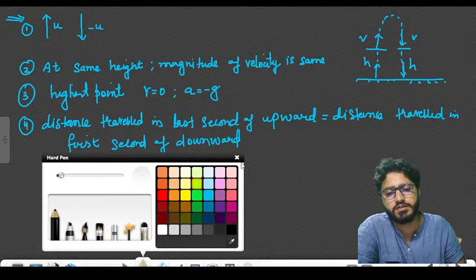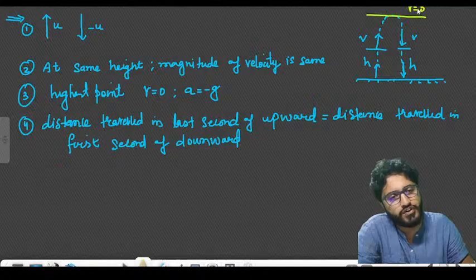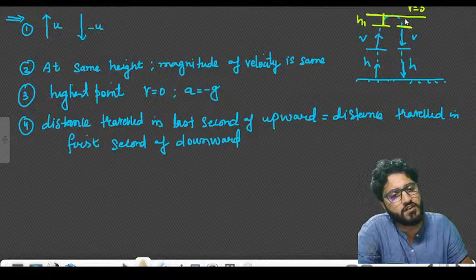It means, let us suppose this is my topmost point where my velocity is 0. Distance traveled in the last second of ascending, this one upwards, if it is, let us suppose, h1, the first second of descending, that is this one, it should be also h1.